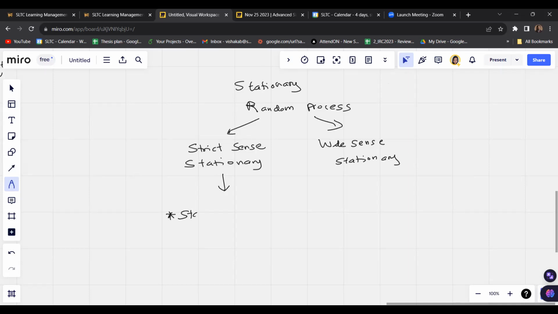Basically, the statistical parameters of a stationary process are not changing over time. So the statistical characteristics will remain constant over time, right?